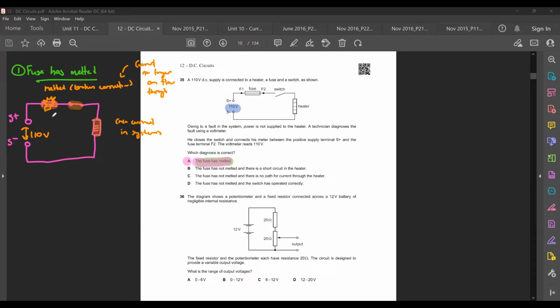From here to here, you're having 110 volts potential. But from here to here, in yellow, this one is 0 volts potential.